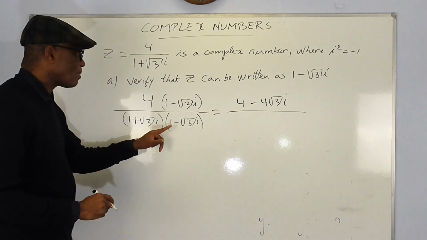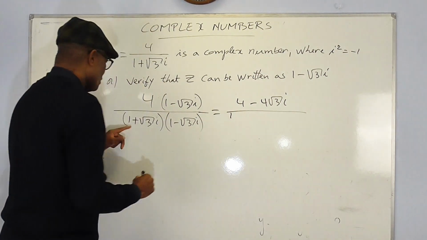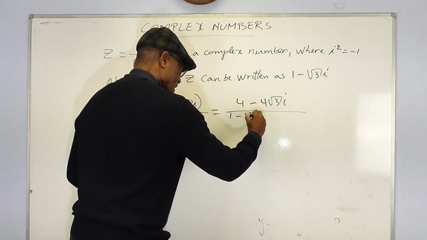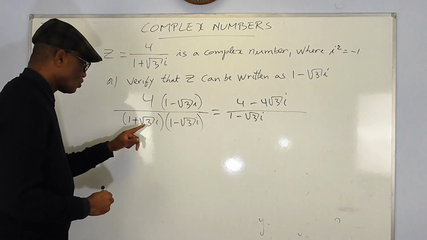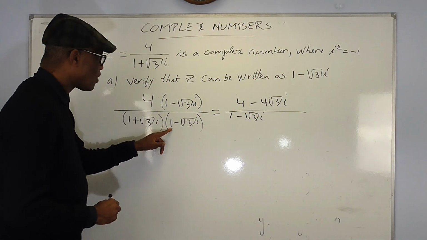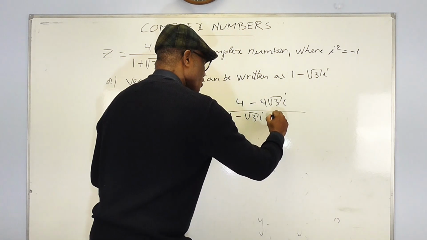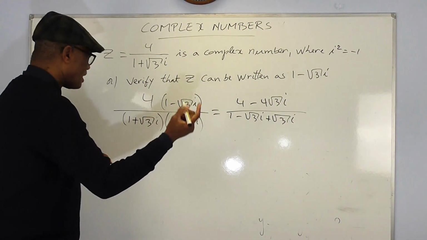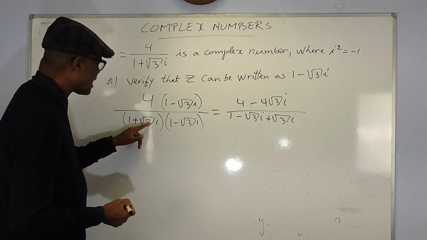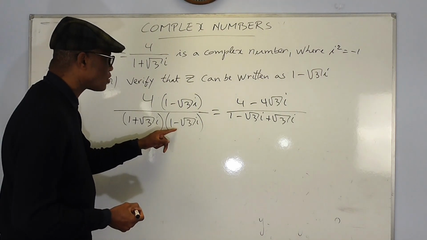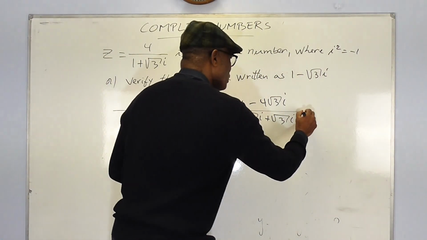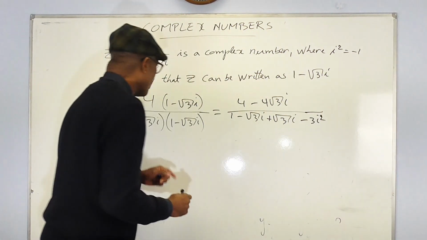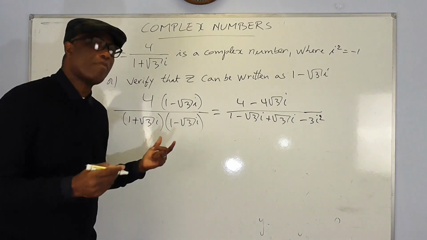Now 1 multiplied by 1 will give 1. 1 multiplied by minus square root of 3 i will give minus square root of 3 i. Square root of 3 i multiplied by 1 will give plus square root of 3 i. And then square root of 3 i multiplied by minus square root of 3 i will give minus 3 i squared.